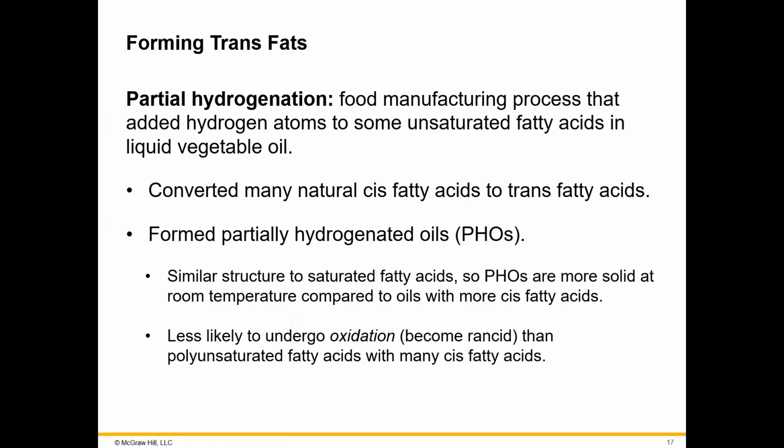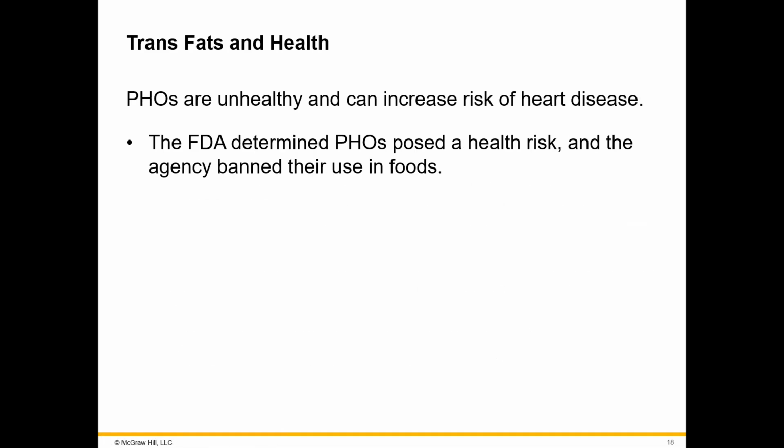This is why Twinkies can sit in vending machines for months, maybe a year, and still be fresh, per se, because they have taken a healthy natural fat and turned it into a partially hydrogenated fat, which is really difficult for the body to deal with.